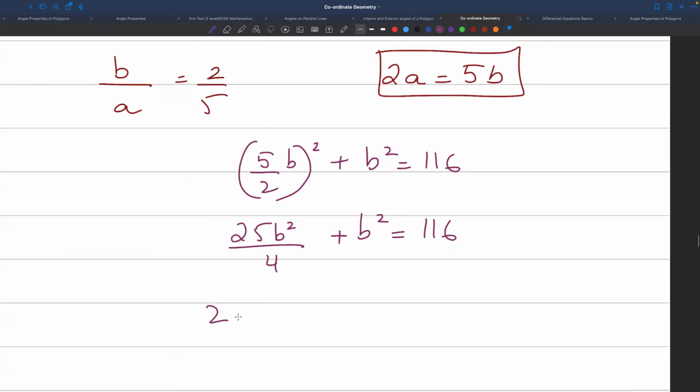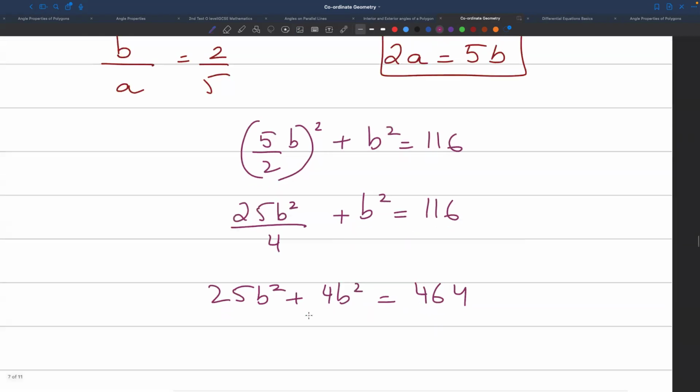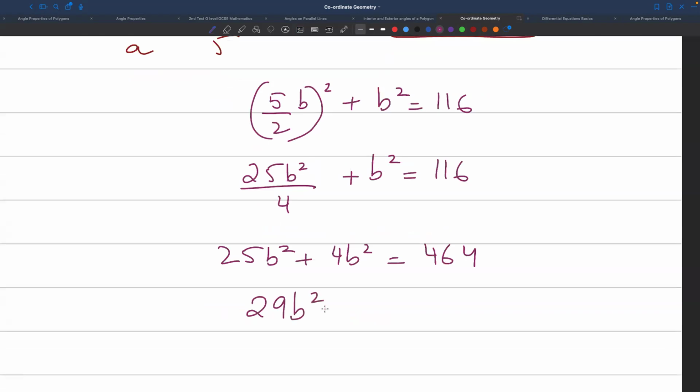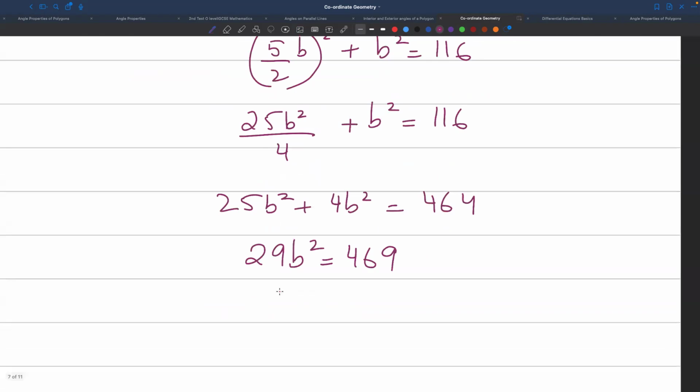Take the LCM. 4 times 116 is how much? 464, है ना? 464 divided by 29 is how much? 16. हाँ, तुक्का लगा रहा हूँ. So b is equal to 4.